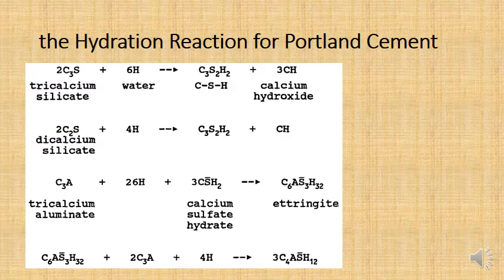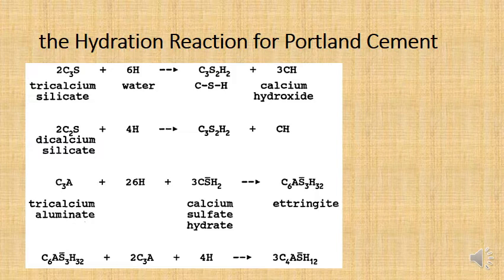Portland cement has three principal molecules in it: tricalcium silicate, dicalcium silicate, and tricalcium aluminate. And these are the main chemical reactions that take place when it reacts with water. There's about 200 or 300 different reactions for Portland cement, but these are the three main ones.